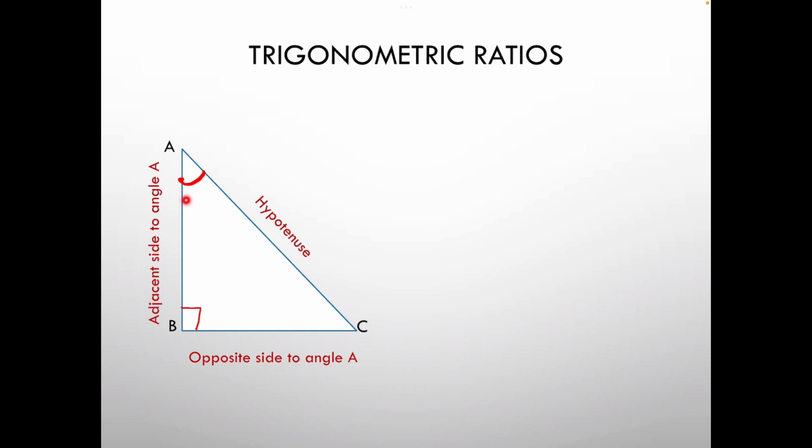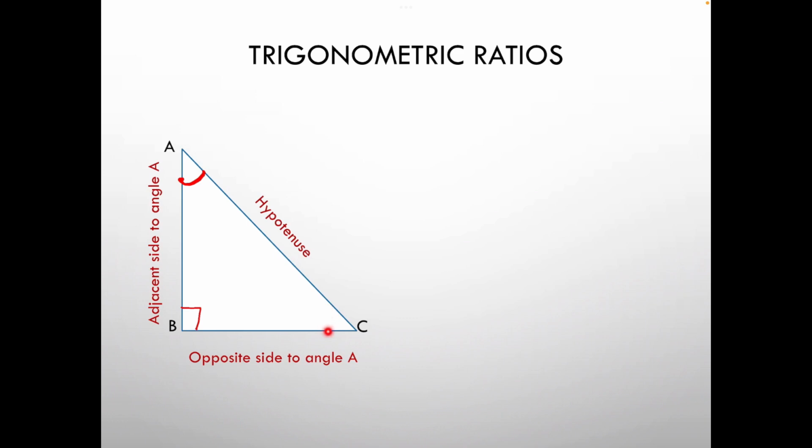So AB and AC are the sides which form angle A. So in a way this is a part of angle A. It is near, it is adjacent to angle A. So that way we will name it as adjacent to angle A. Now angle A is facing side BC. It is just opposite to angle A.